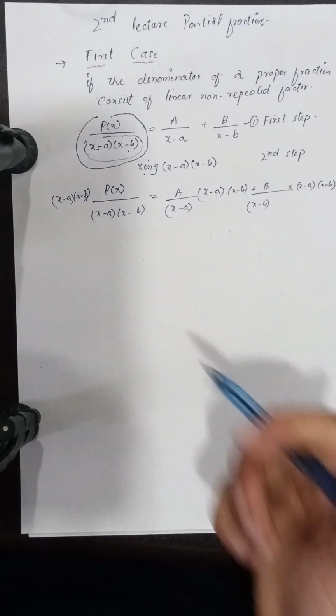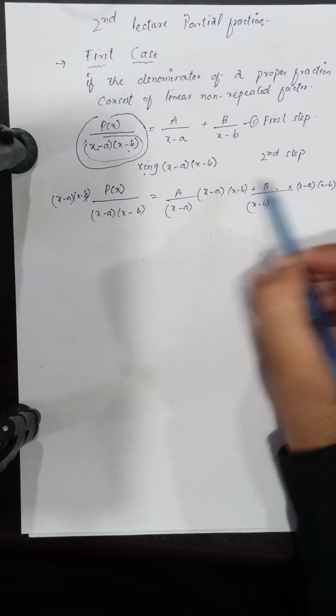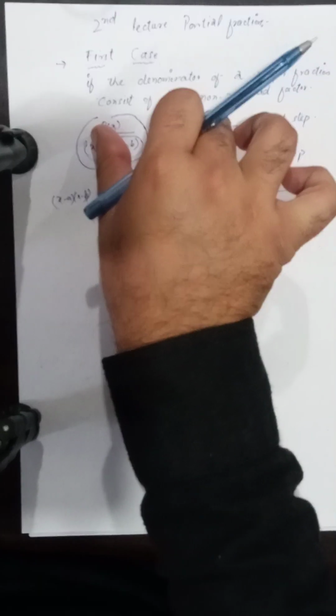So this is the second step, multiplying the denominator on both sides of this equation.